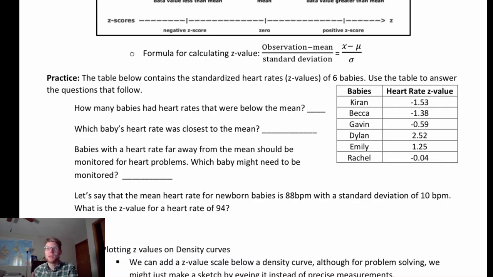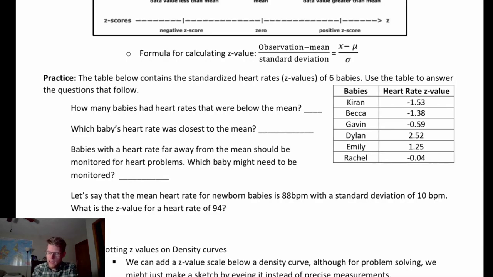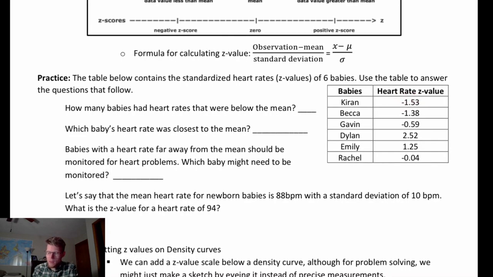We notice that some of these babies have heart rates that seem to be below the mean, some are above. So our first question, how many babies had heart rates that were below the mean? I would just notice how many of them have negative z-values, which appears to be 1, 2, 3, 4 of them. So that means that 4 of them were technically below the mean heart rate for newborn babies.